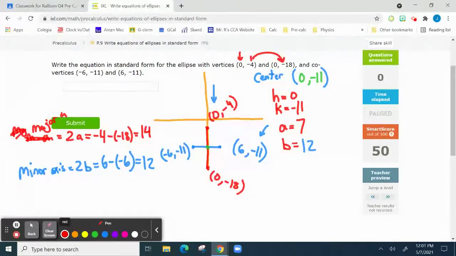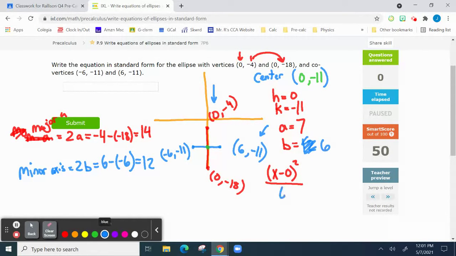Yes, it is. So we are going to have x minus h, which is 0, squared over, that's going to be the b, because the x is the shorter dimension, right? So it's going to be b squared, so it's going to be 12 squared. Oh, no, b is 6, not 12. Look at that. b is 6 because 2b is 12, so b is 6.